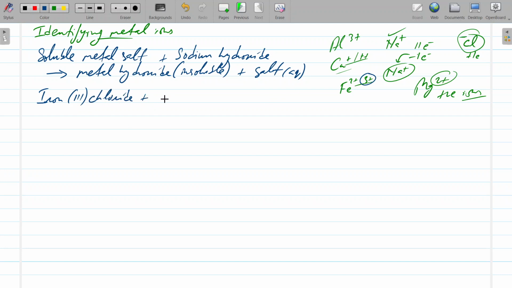Iron 3 chloride, and you are adding sodium hydroxide to that, and what you are getting is iron 3 hydroxide and sodium chloride.